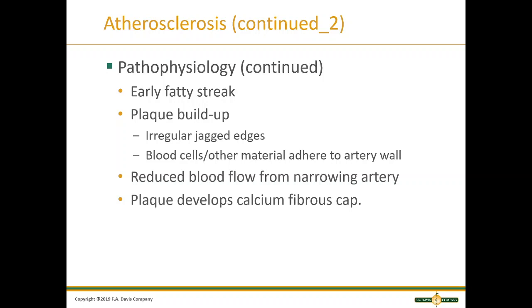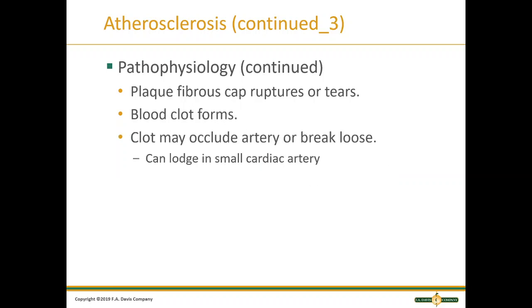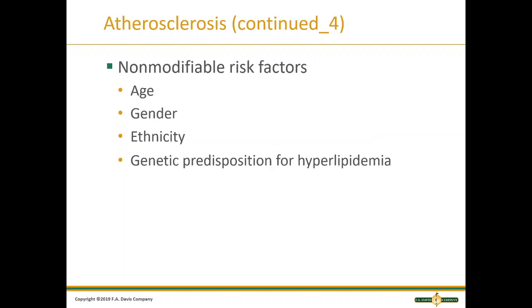It's a normal artery on the top and then an atherosclerotic artery on the bottom. You can see how the abnormal edges would prohibit blood flow. Continuing with the pathophysiology of atherosclerosis, you can get blood clots here. They break loose and cause, you can have a heart attack, DVTs, all different types of complications, right?